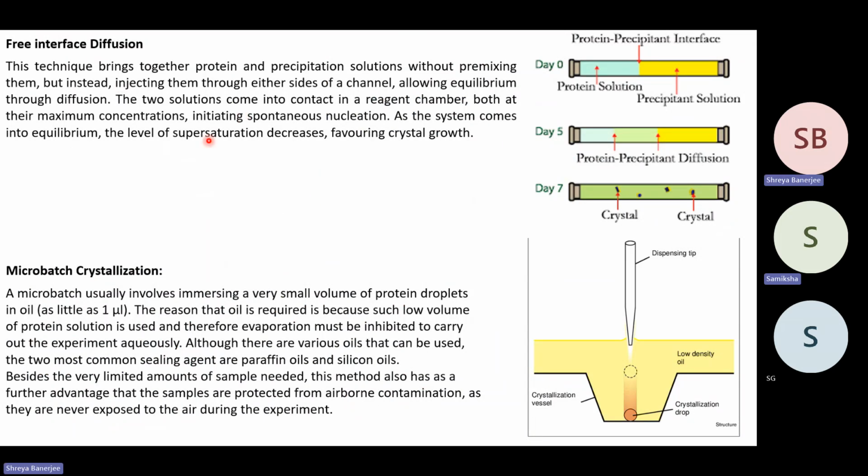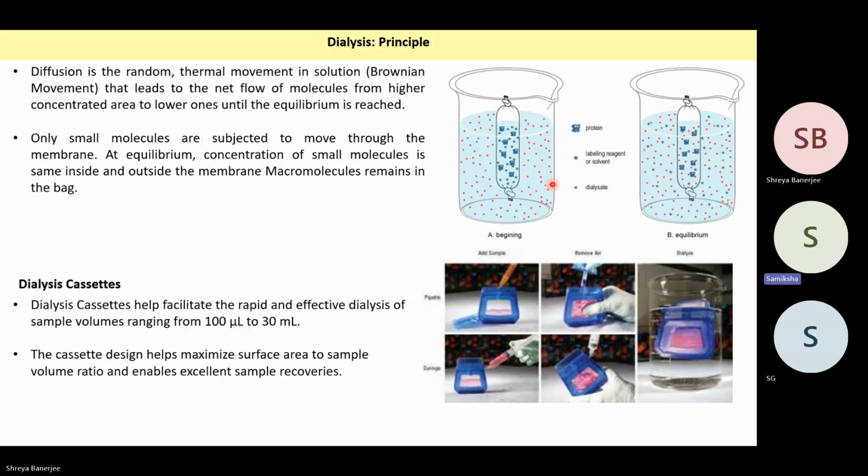So the protein will be crystallized inside the bag itself. Yes, because the protein cannot escape the bag. The protein molecule is too big, and the semi-permeable membrane will not allow the protein to pass through it. Is there any advantage?